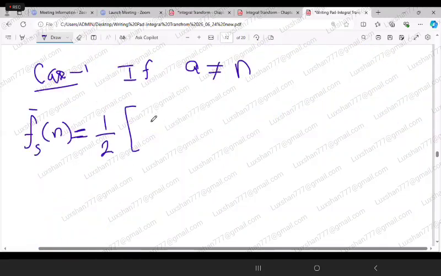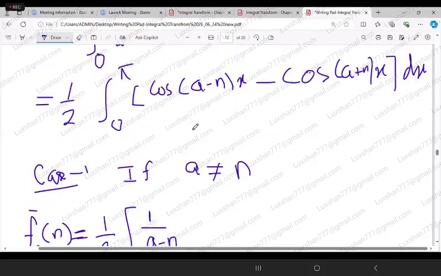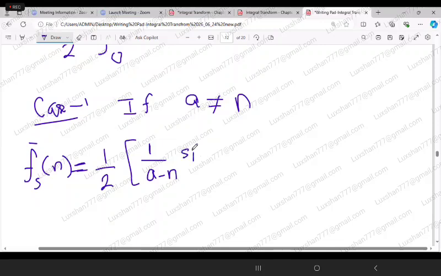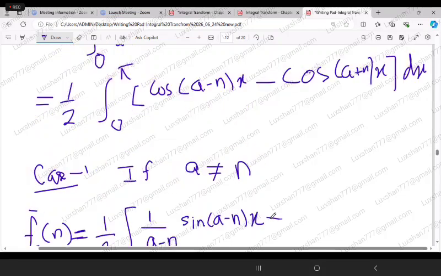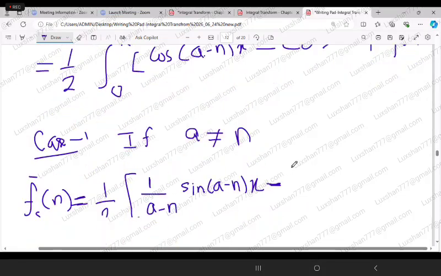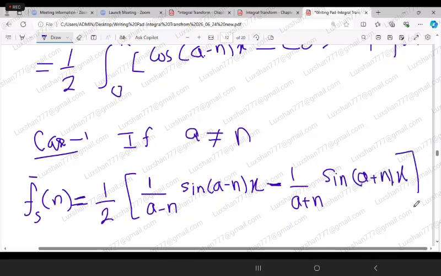It is 1 over a minus n sine (a minus n)x minus 1 over a plus n sine (a plus n)x, and the range is 0 to pi.